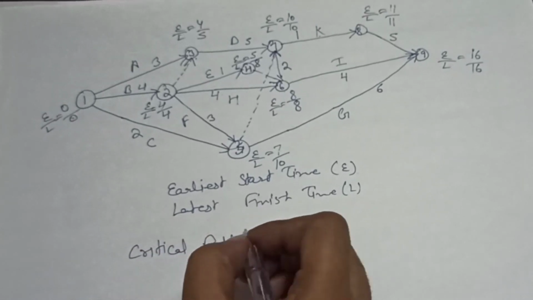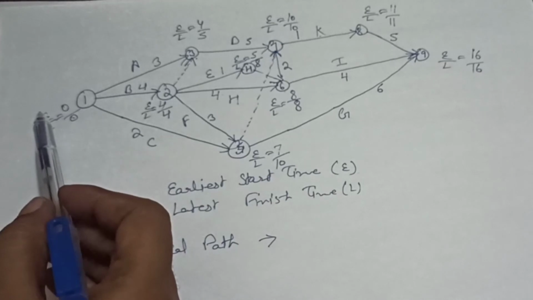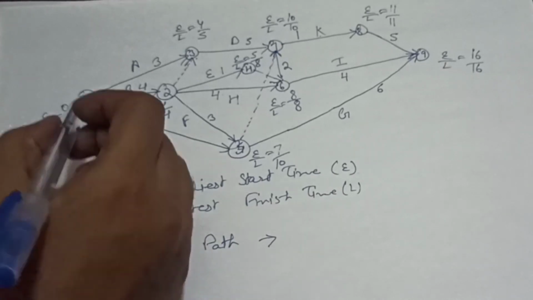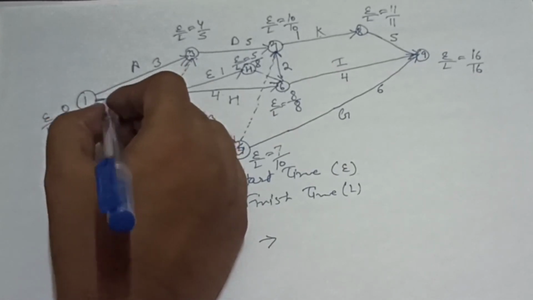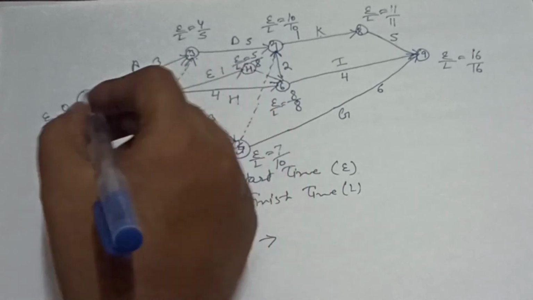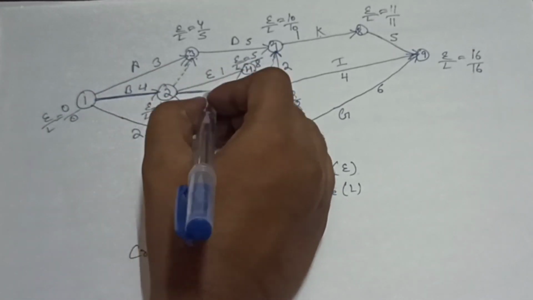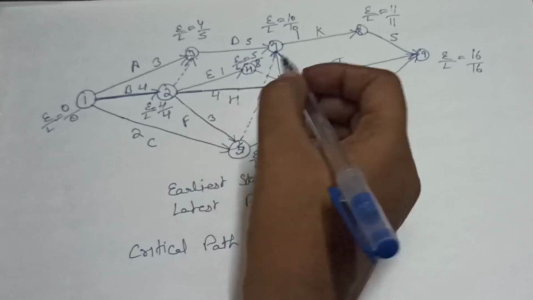For this, we will first select our critical activities. For the critical activities, we will see that E and L value will be the same. So we will select this activity. This is our critical activity because here E and L value are the same for both nodes. Then we will select this critical activity.